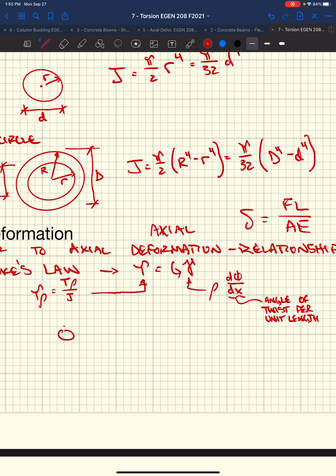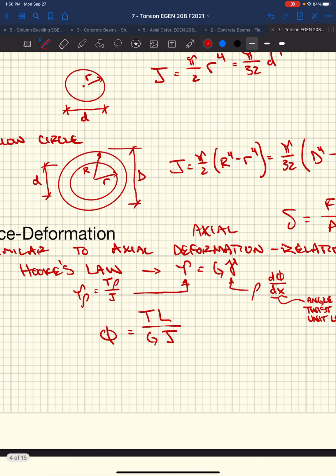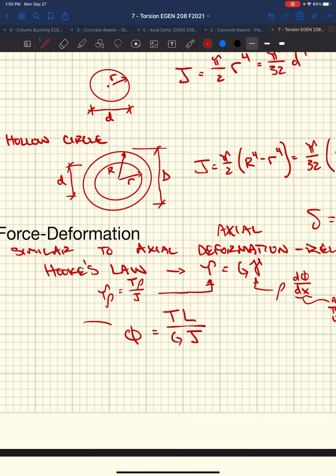So we'd get our angular rotation phi equals the torque times the length over G, whoops, not L, J. This is unitless. So this is our force deformation relationship.